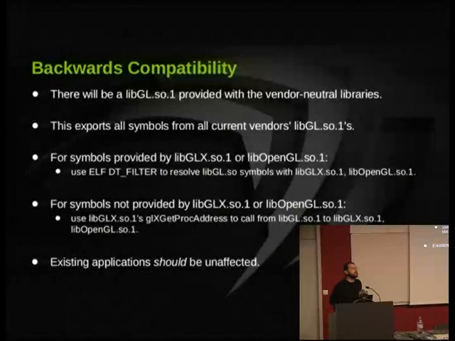Well, I don't know if all the symbols that would be in libOpenGL would be everything that's provided by all the symbols provided today by all the different libgl.sos. If you're talking about just OpenGL 4.5, there are others.